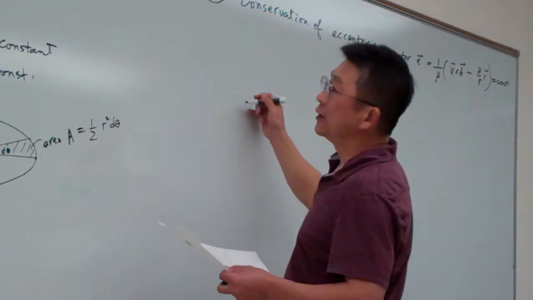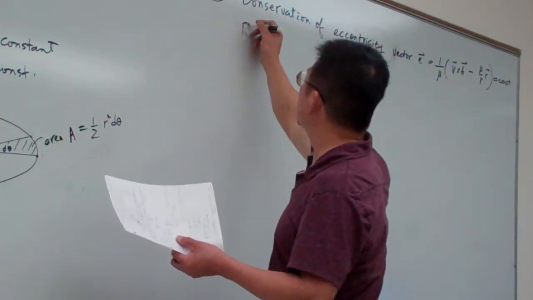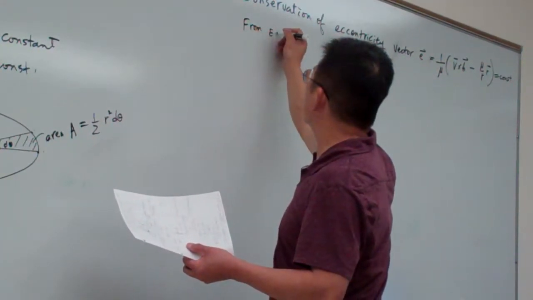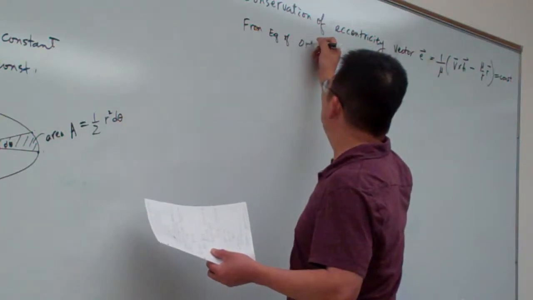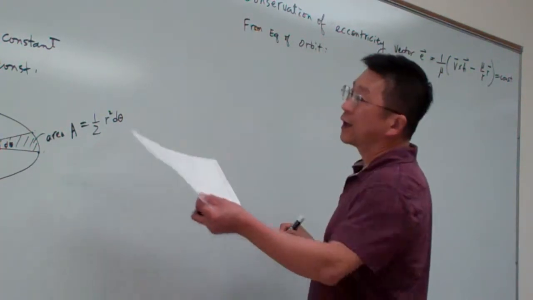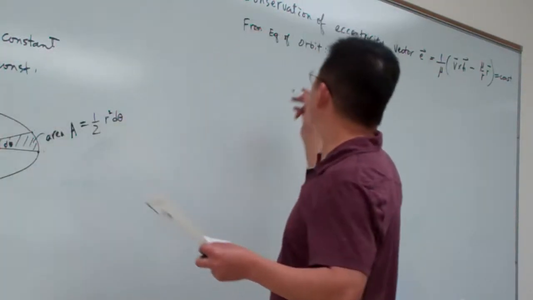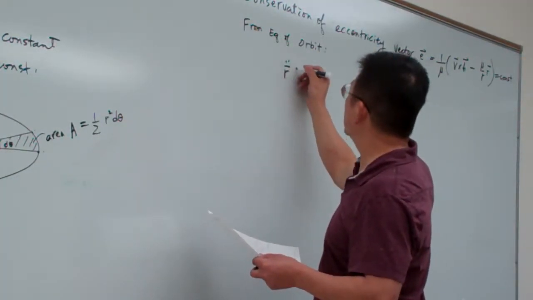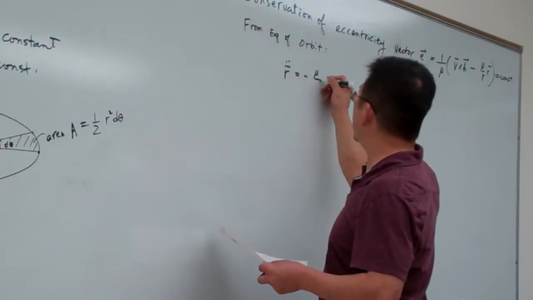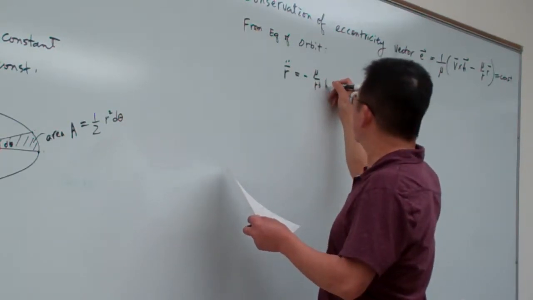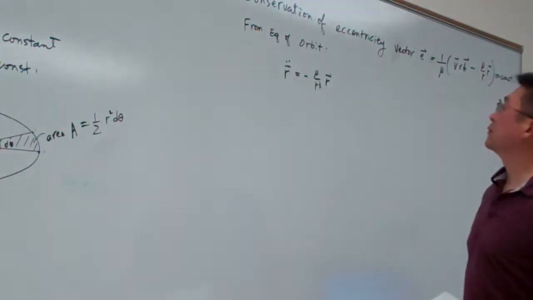So again, from our equation of orbit, equation 1 here, let me rewrite it a little bit. That means r double dot equals minus mu over r cubed times r vector.